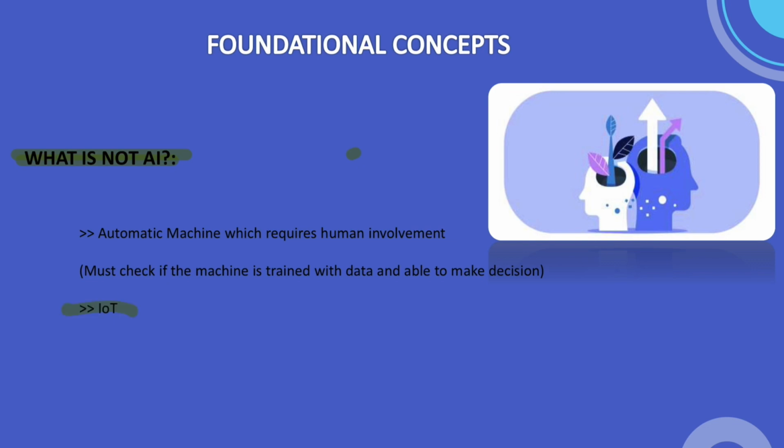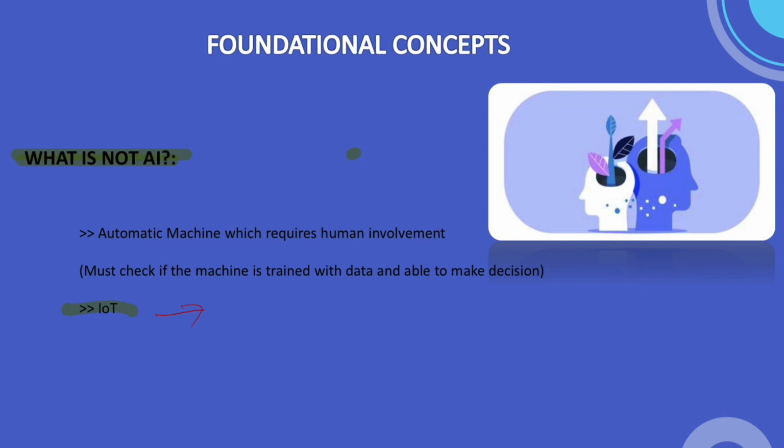IoT devices may or may not be AI. Devices which are connected and controlled by the internet are called IoT, and they may or may not be AI. If an IoT device has to be AI, it must have an algorithm trained with data, then we can call it AI. Otherwise, it is simply a device which is connected and controlled via the internet.